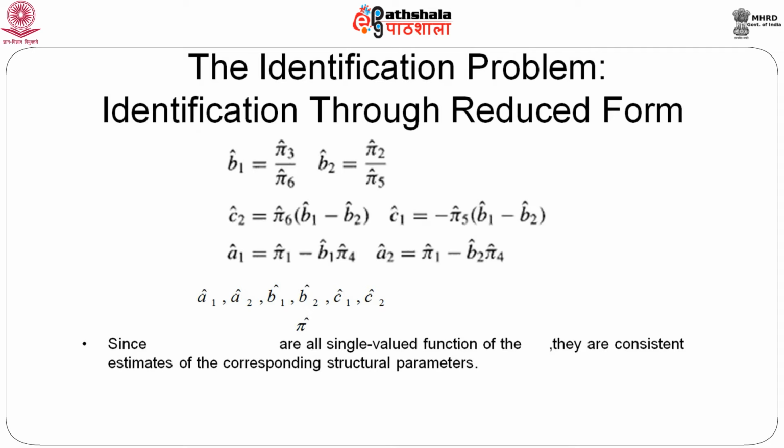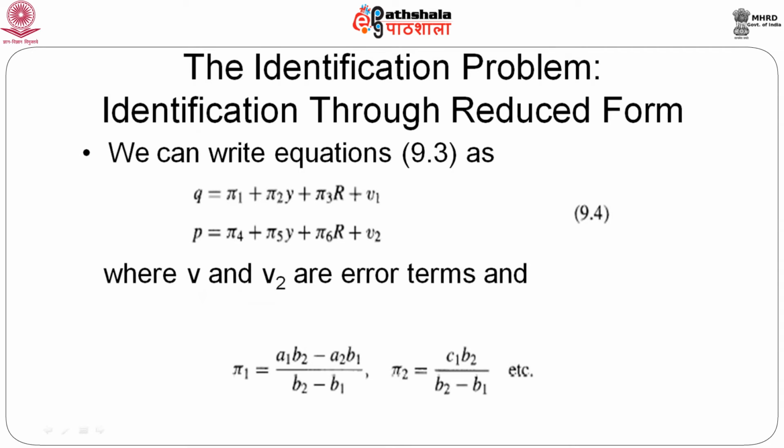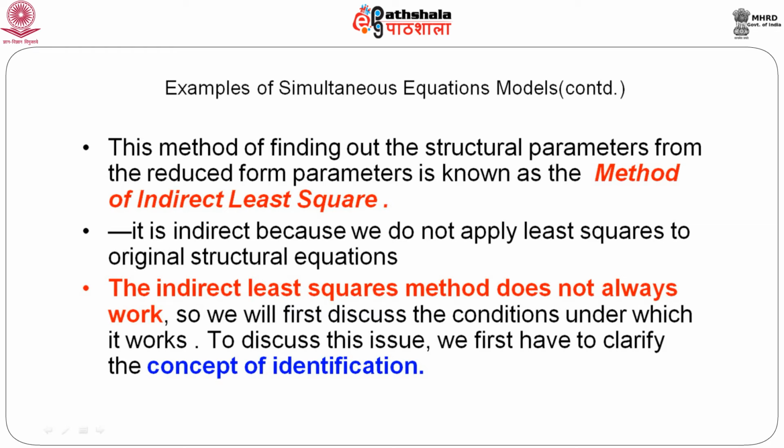So, in this case, we can successfully estimate the structural form parameters given the reduced form parameters. This method of finding the structural form parameters from the reduced form parameters is known in the literature as the method of indirect least squares.